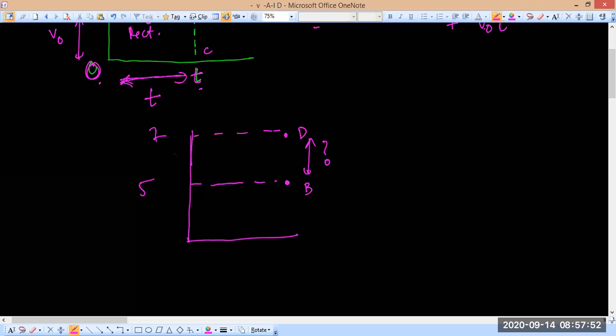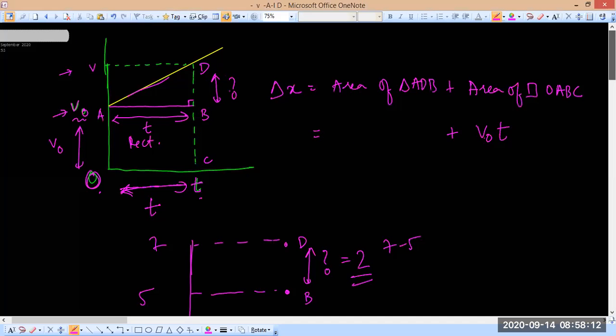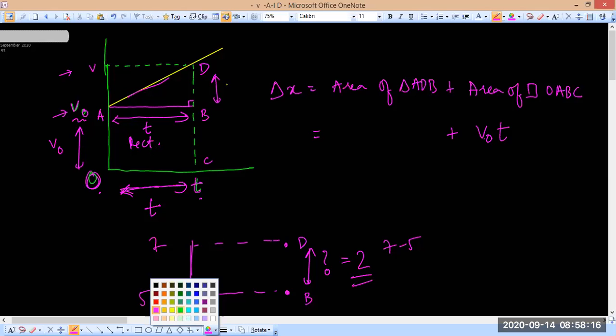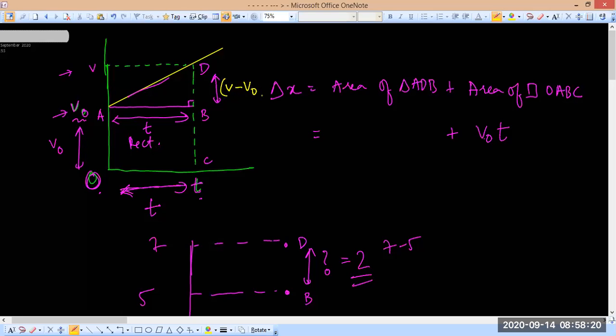Rohan, 12? Yes, it has to be 2, right? It cannot be anything else. 7 minus 5. So like that here, it will be V minus V0, right?